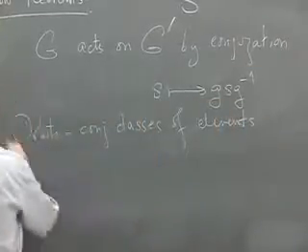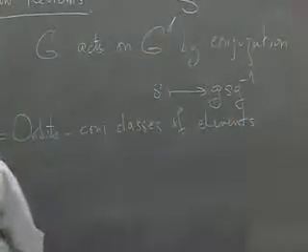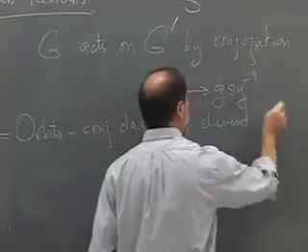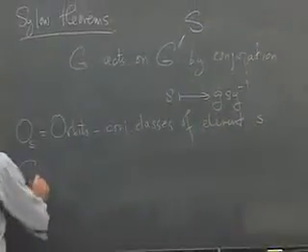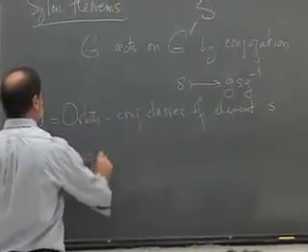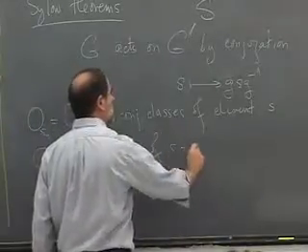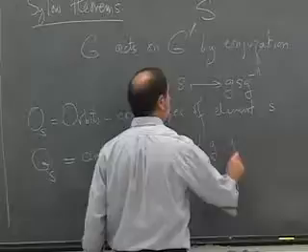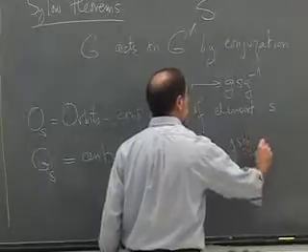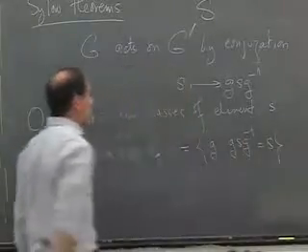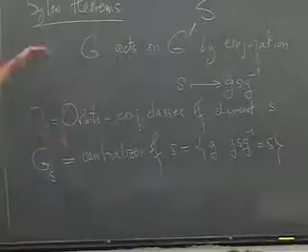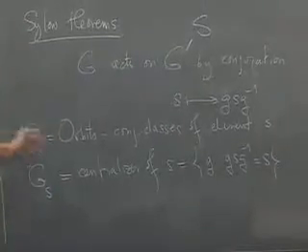The orbit is like O of s, the conjugacy class of the element s. And the stabilizer, G of s, is called the centralizer of s. That's the set of g such that gsg^{-1} is equal to s, the elements that commute with s. So we've taken a look at this action when we did the class equation.